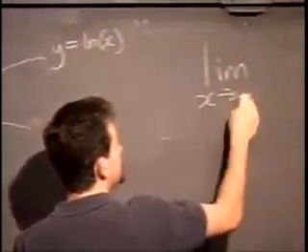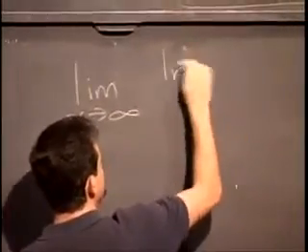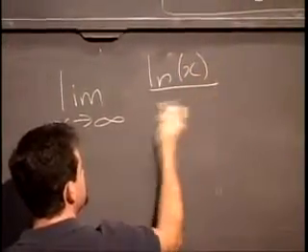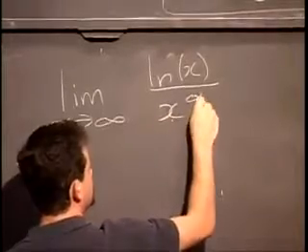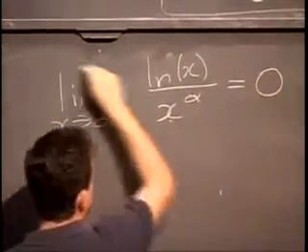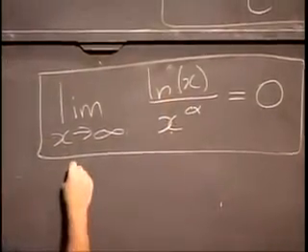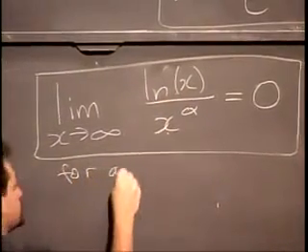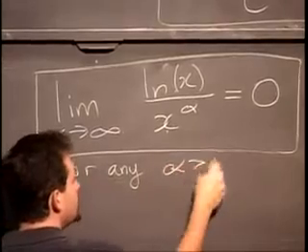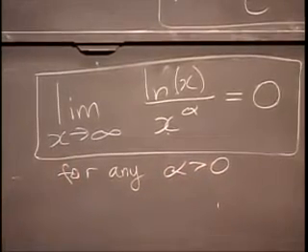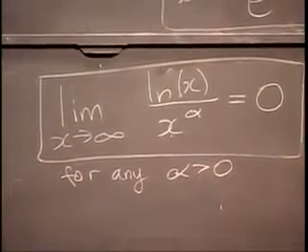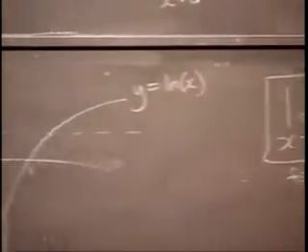So if you do this, that also is 0. Log x is smaller than any power for any power greater than 0. When alpha equals 0, it's just a constant. And of course, log x is bigger than the constant.